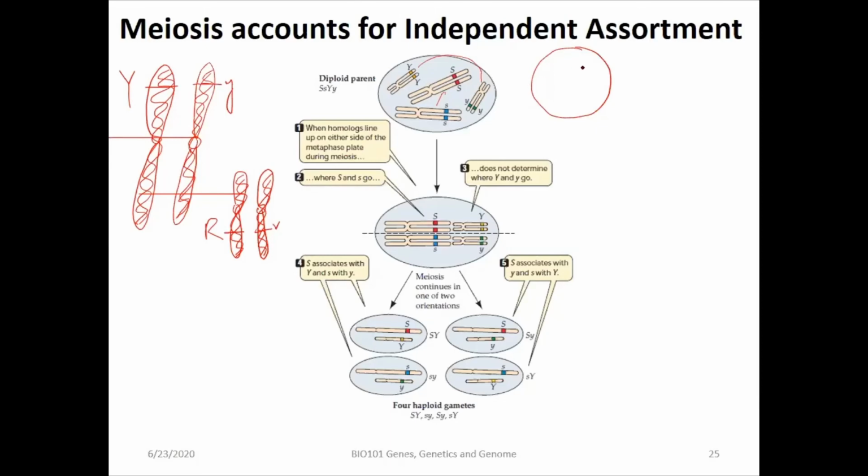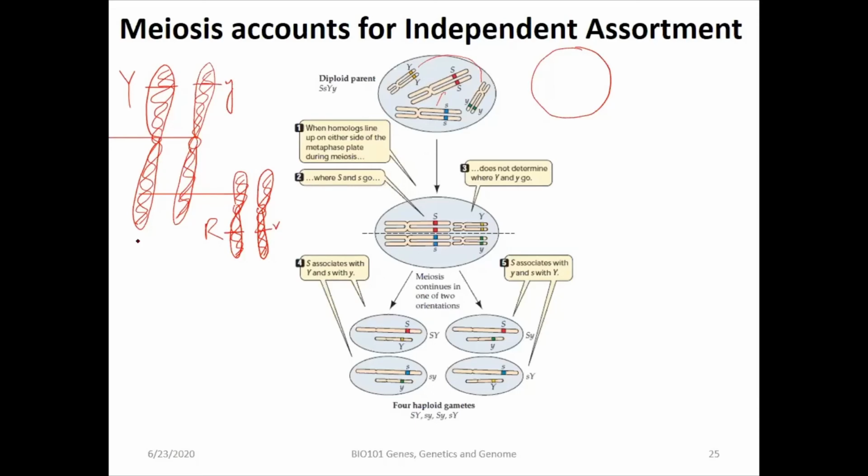Now, she asked the question, why does it duplicate its DNA? It has to duplicate its DNA because without duplicating your DNA, you cannot simply pass on these chromosomes. Meiosis or mitosis fails if you don't duplicate.